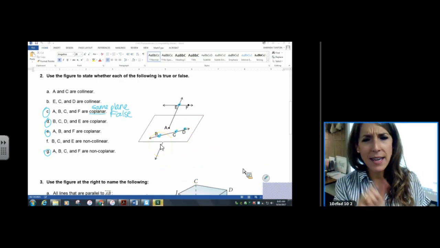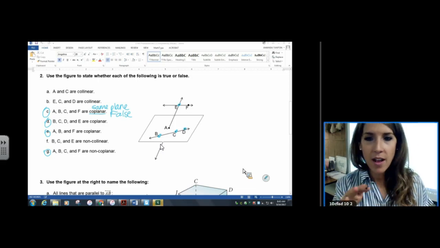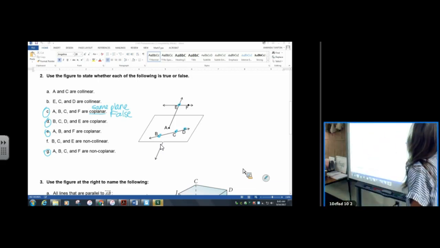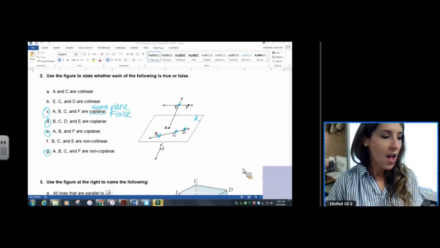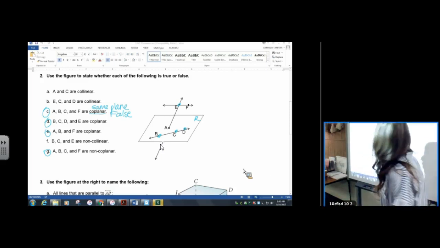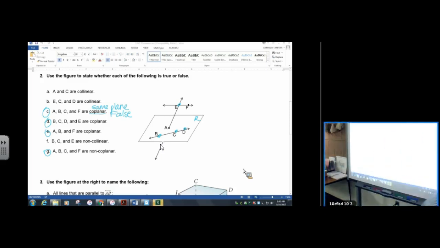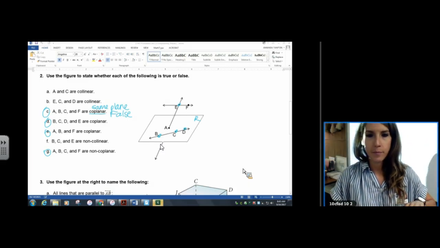Look at points B, C, and D. They're not spread out. They don't determine plane R. They are lined up in a row, like ducks in a row. They are collinear. So here's the deal. Coplanar means I could put a plane through them.